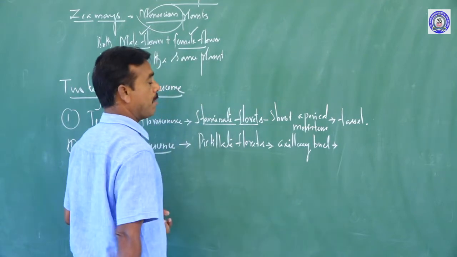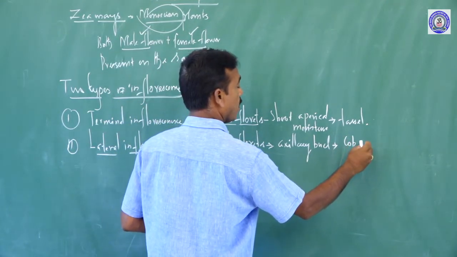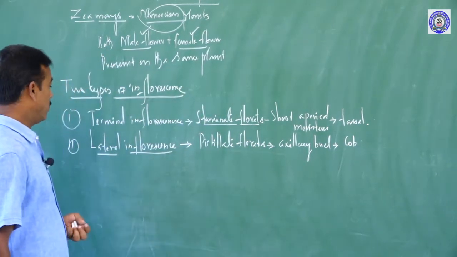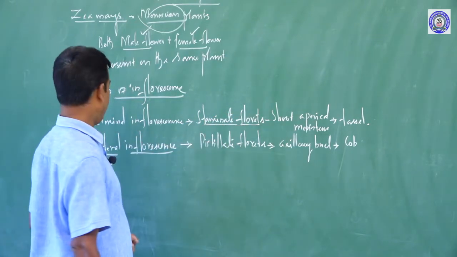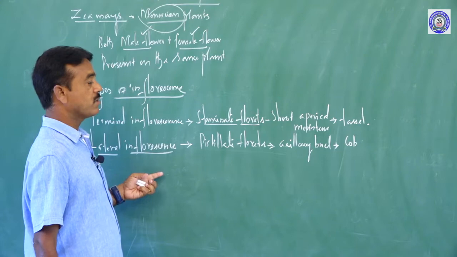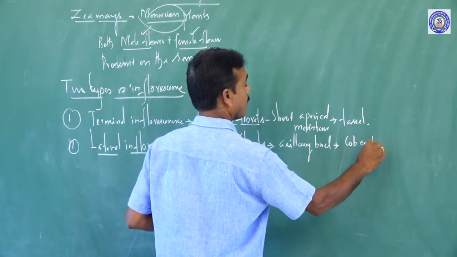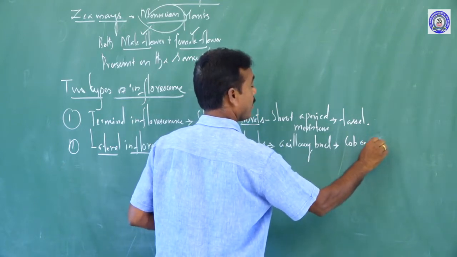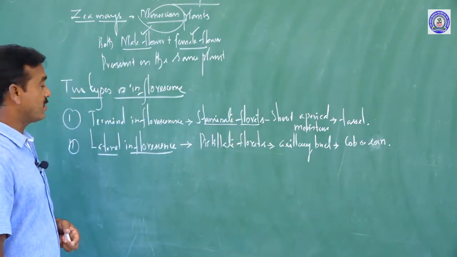Such a flower is commonly called the cob. So, the terminal inflorescence is called the tassel, and the lateral inflorescence is commonly called the cob, also called the ear. There are two types of inflorescence that may occur.